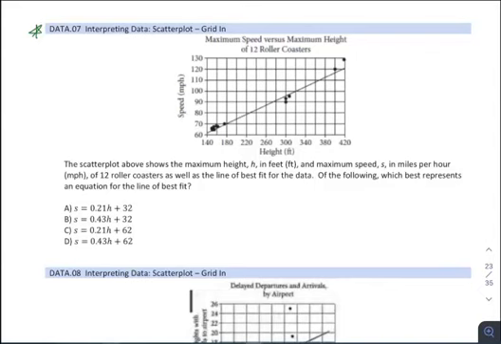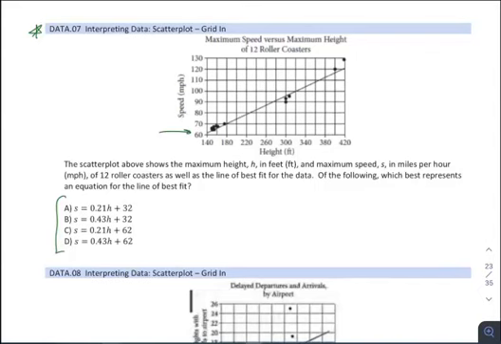When you're looking at this problem, the first thing to notice, if you scan your answer choices, is that you have a slope of either 0.21 or 0.43 and a y-intercept of either 32 or 62. So you can reduce the number of options here just by looking at this graph.